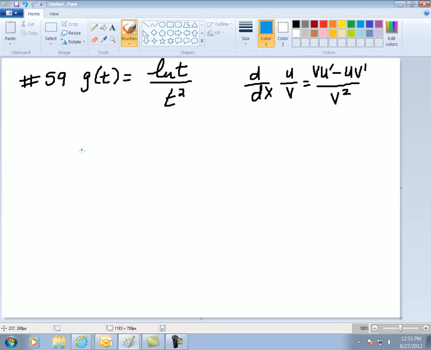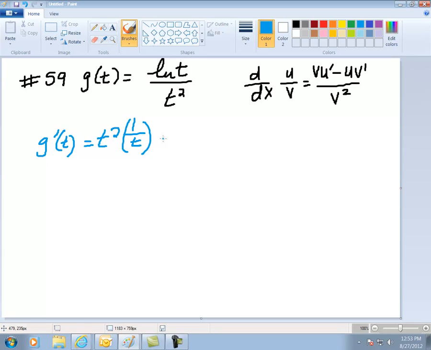Now we're going to employ this. We've got low, which is t squared, and then g prime of t is going to equal low, which is t squared, d high, the derivative of the top. Notice that again we're employing that the derivative of natural log of x is 1 over x, so the derivative of natural log of t is 1 over t.